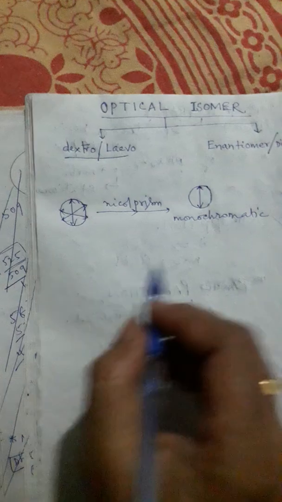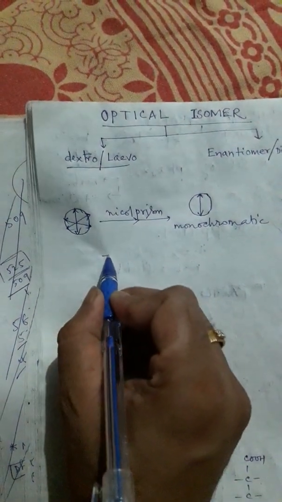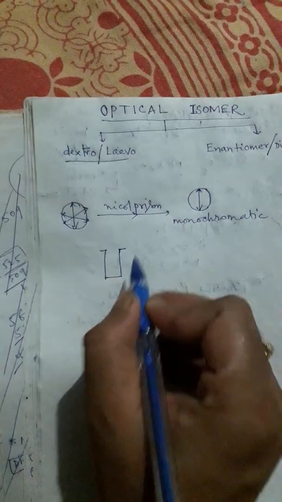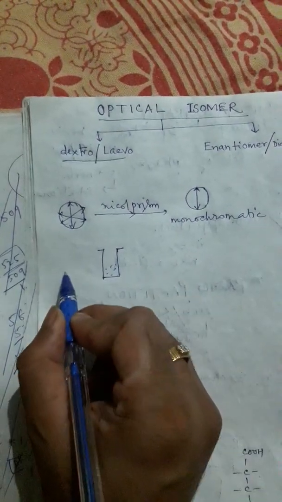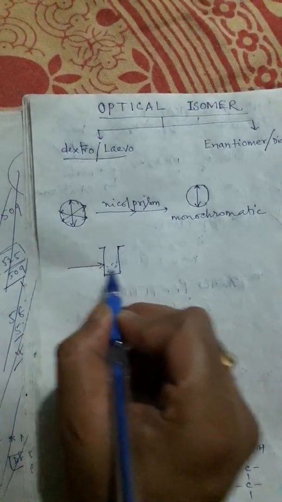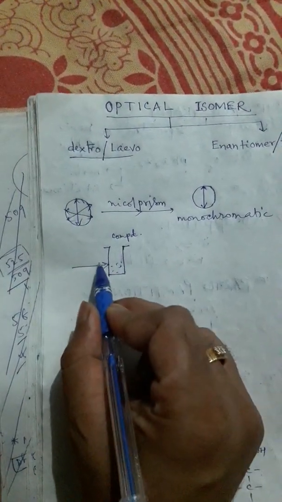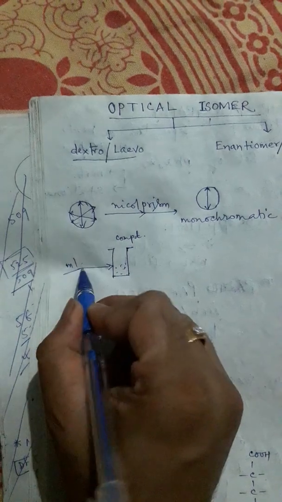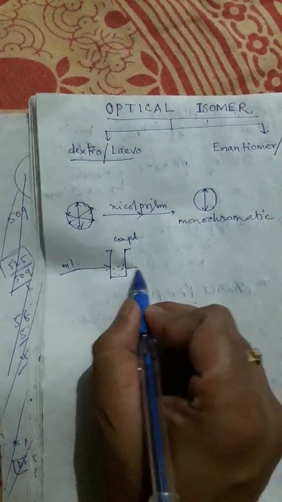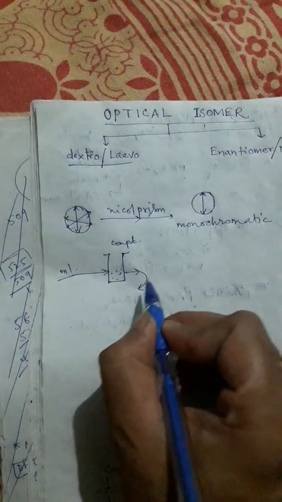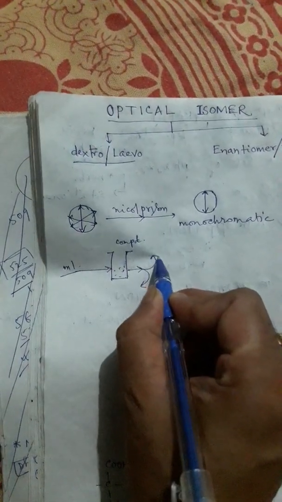Now a compound is said to be optically active if monochromatic light, when passed through a solution of the compound, is rotated either clockwise or anti-clockwise.